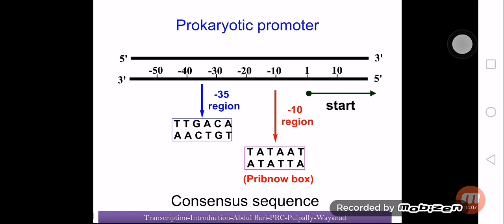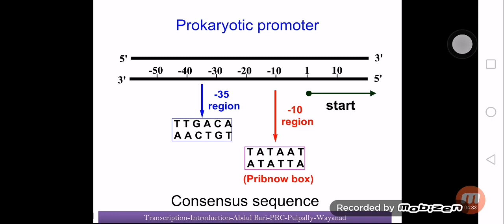Usually that sequence is called the Pribnow box, and the sequence is TATAAT. This is a conserved sequence, found in the majority of prokaryotic genes in different bacteria. The second one is at the -35 position, with the sequence TTGACA.